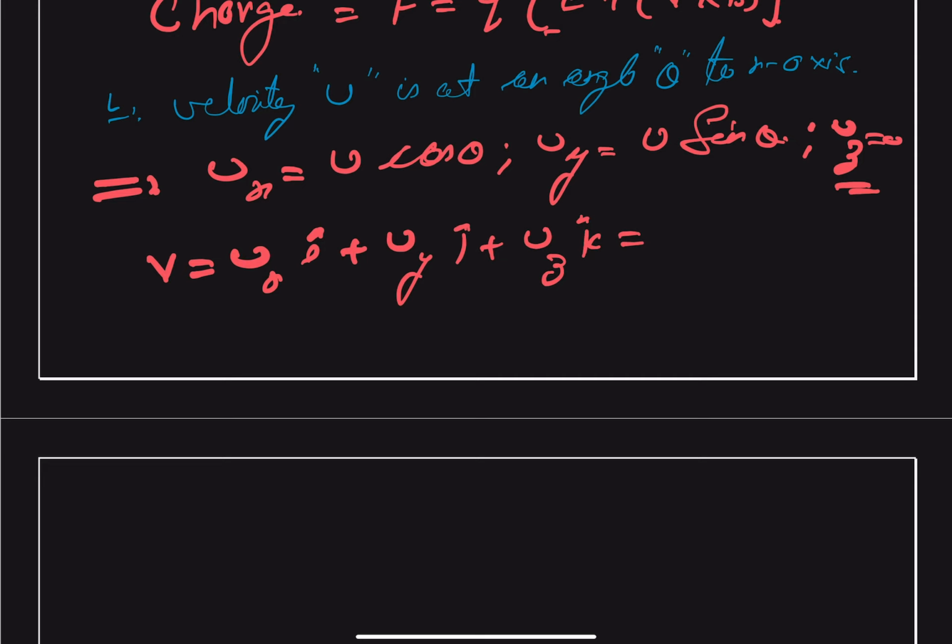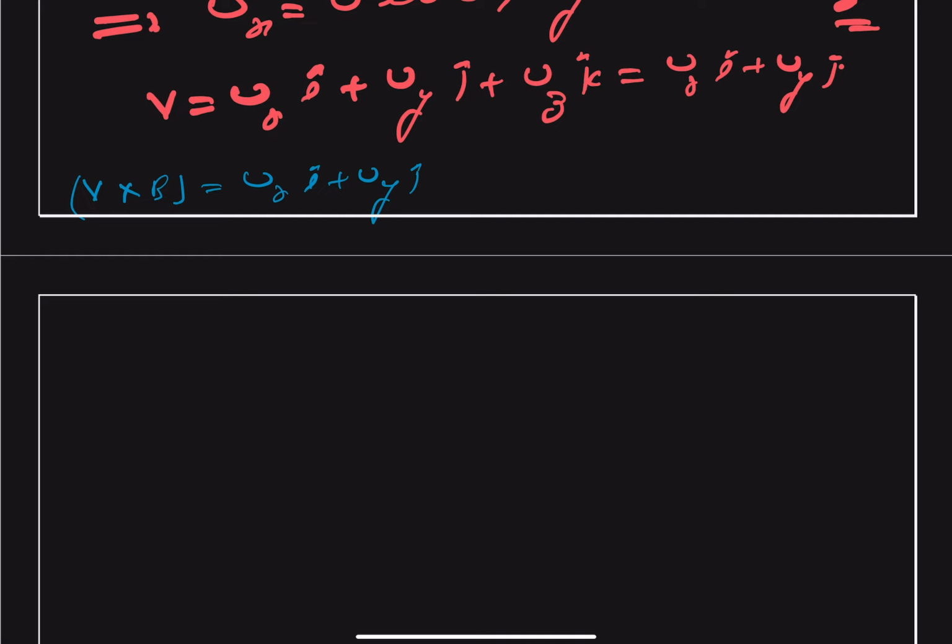So we can write this as Vx i plus Vy j. Now we need to find the cross product of velocity and magnetic field. So v cross B will be equal to Vx i plus Vy j cross B, and B is having only a j component. Therefore, we get this as Vx B naught k unit vector.